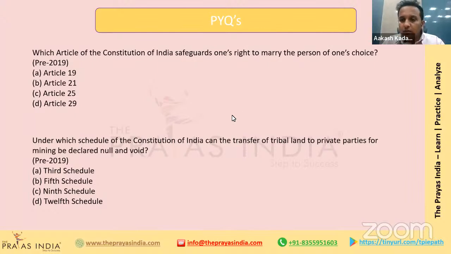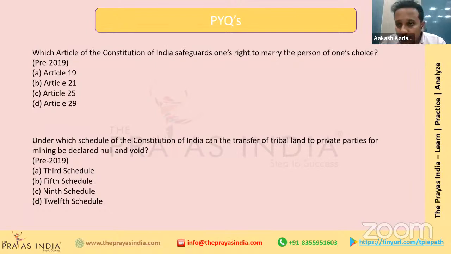That term liberty also covers your freedom to marry a person of your own choice. And in fact, the reason for UPSC asking this question was because in the Hadiya case, the Supreme Court had stated in its judgment that the right to marry a person of one's own choice is a fundamental right available to the citizens of India under Article 21.